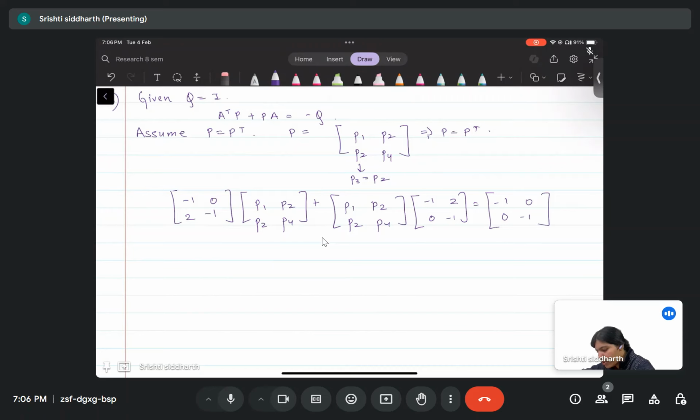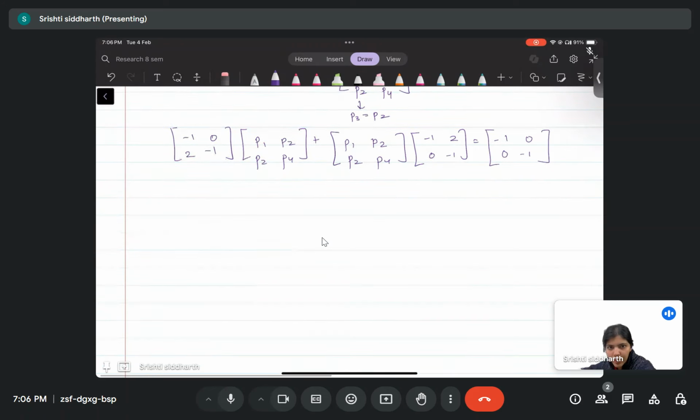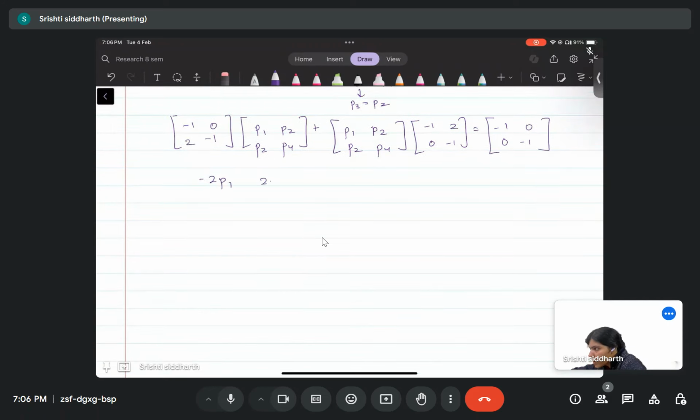So this will lead to three linear equations in P1, P2 and P4 actually. So we have minus 2P1, 2P1 minus 2P2, 2P1 minus 2P2.